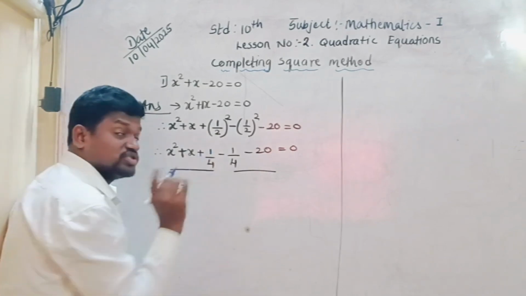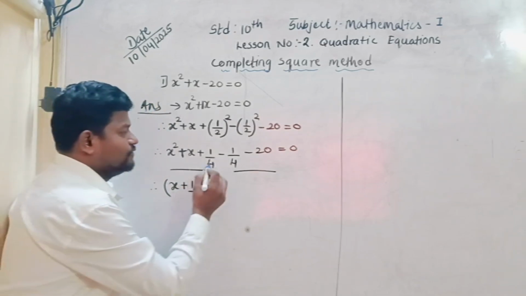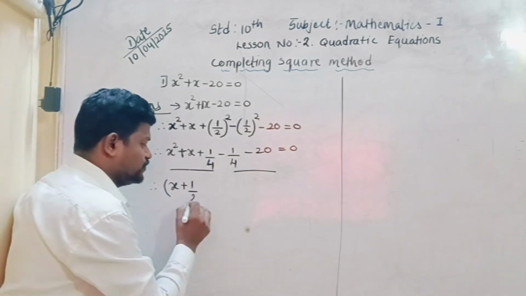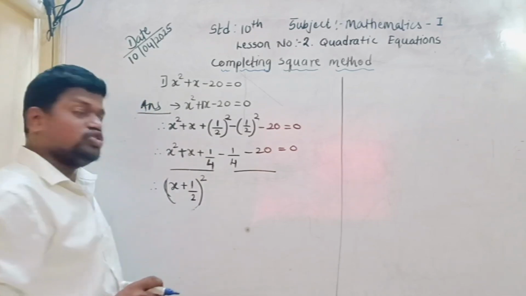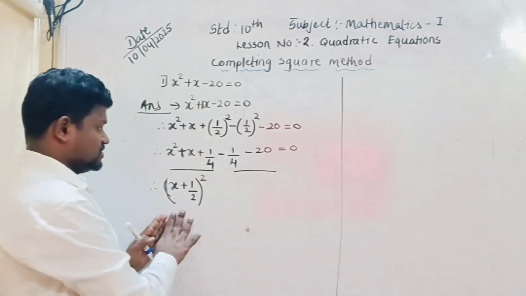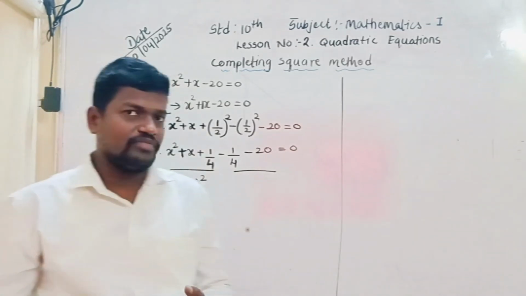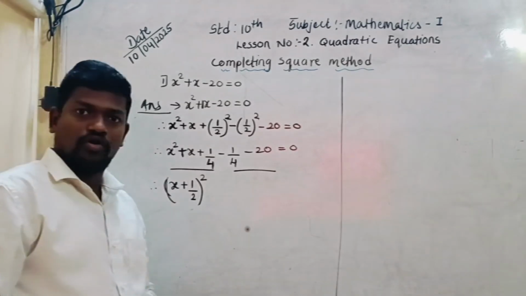Then 1 is the square of 1, so write down 1 here, and 4 is the square of 2, so write down 2. This is the shortcut method to write this.